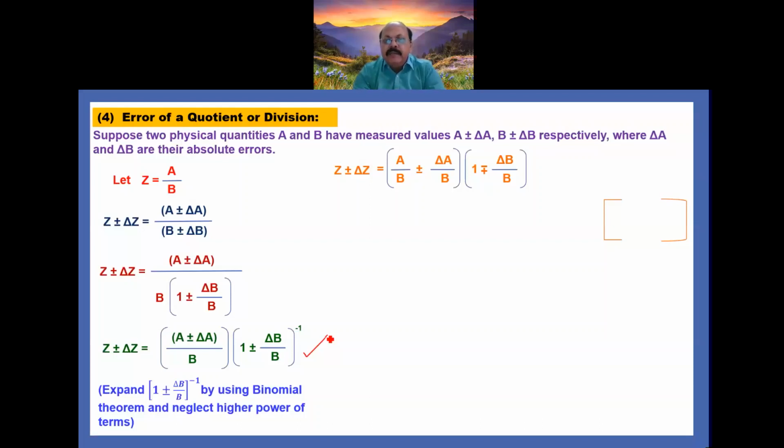So that's why 1 plus minus delta b upon b raised to power minus 1 can be written as 1 minus plus 1 into delta b upon b.